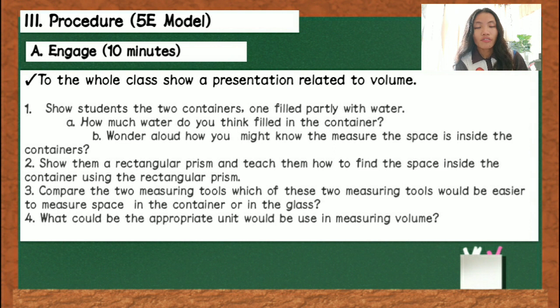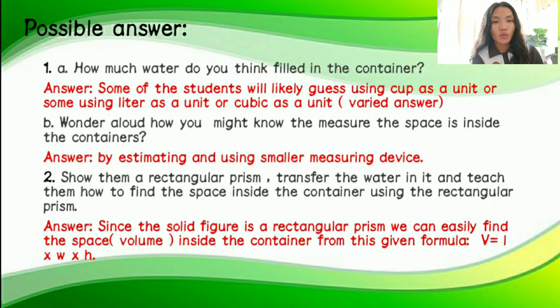And for the possible answers to those questions, some of the students will likely guess using a cup as a unit, or some using a liter as a unit, or cubic as a unit, or varied answers. And for letter B, by estimating and using a smaller measuring device. And for possible answer number 2, since the solid figure is a rectangular prism, we can easily find the space or volume inside the container from this given formula.